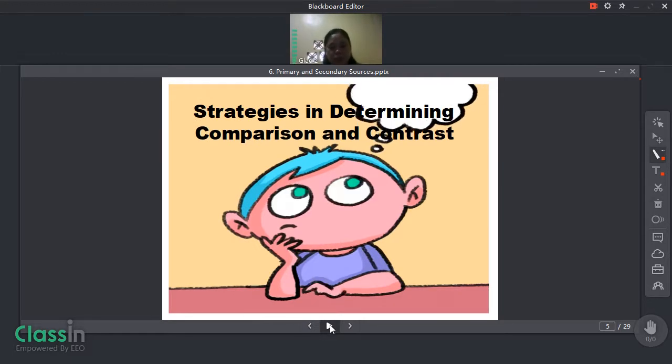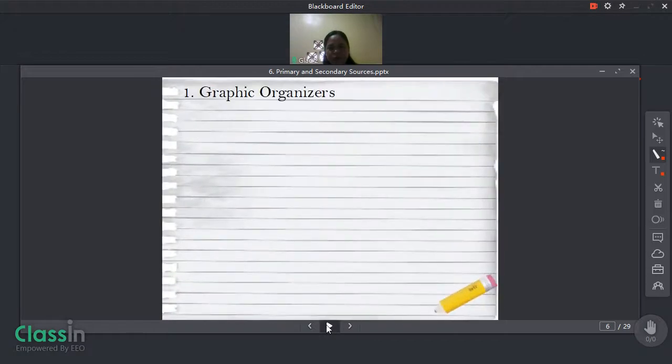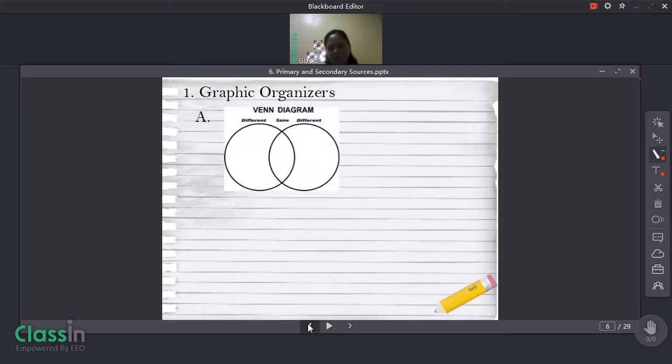So in determining comparison and contrast, we have to use the following. First, we have the use of graphic organizers. So what do you think is the graphic organizer that best suits this? Yes, we can use the Venn diagram. The Venn diagram has two circles that overlap with each other, wherein in the middle part we write the similarities, and on the sides of each circle we write the differences.